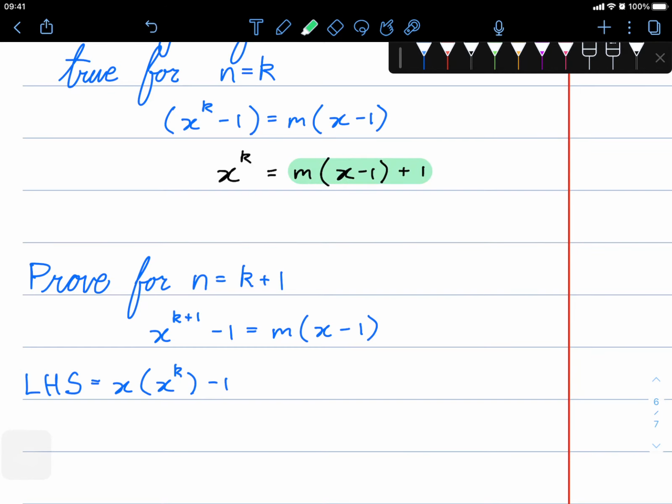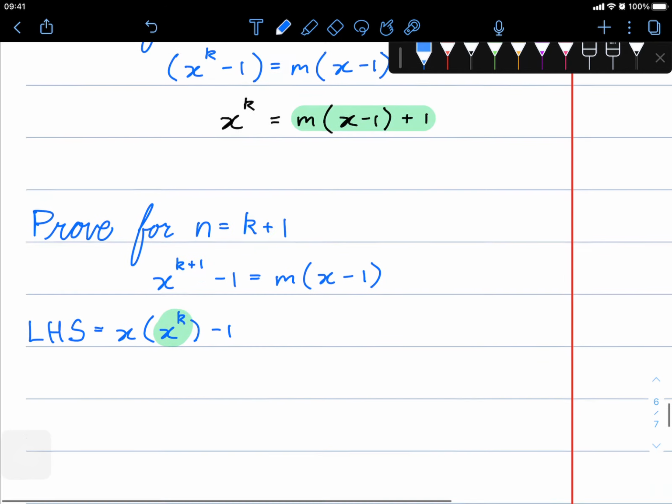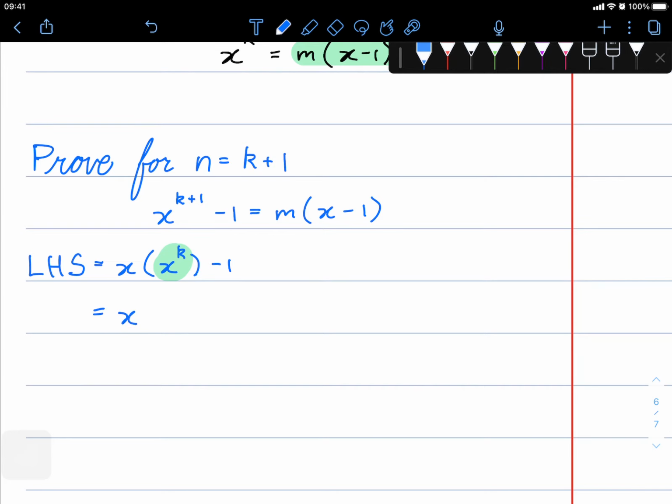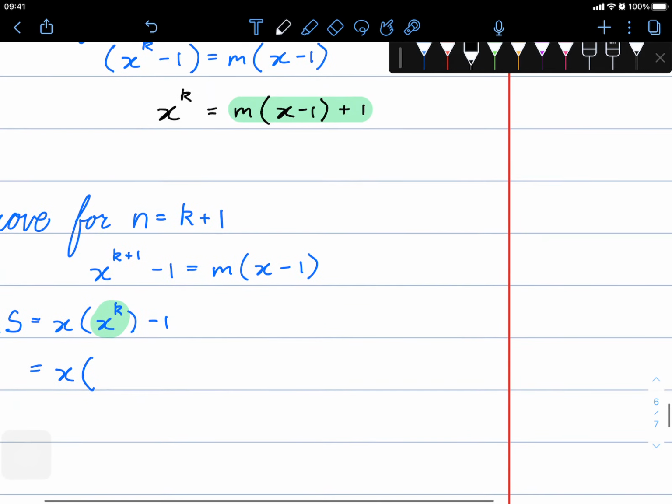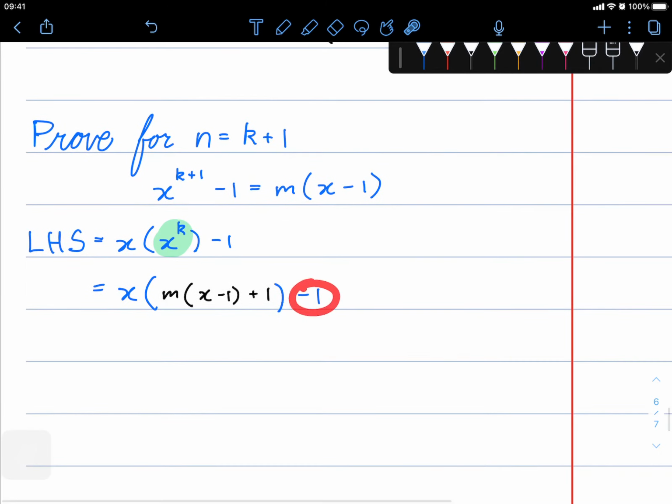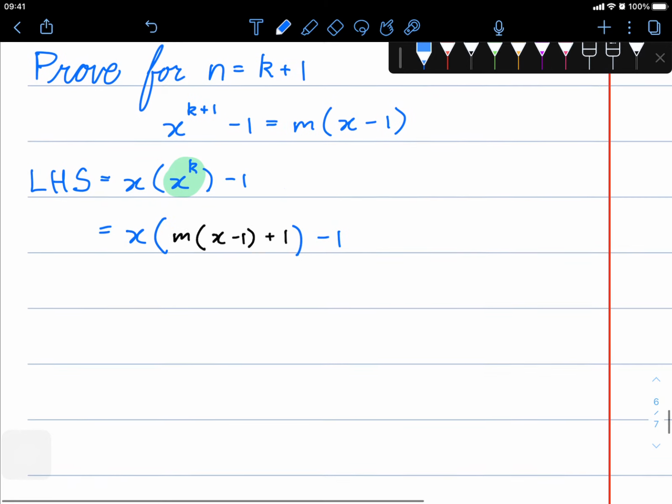Substituting that expression here, this will give us x outside of m bracket x minus 1 plus 1, minus 1. In case you missed where that minus 1 comes from, we're just following the previous step. Expanding this out, I'm going to expand this a little bit more to make it easier for my next step.